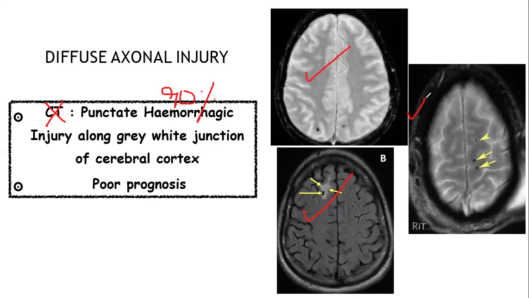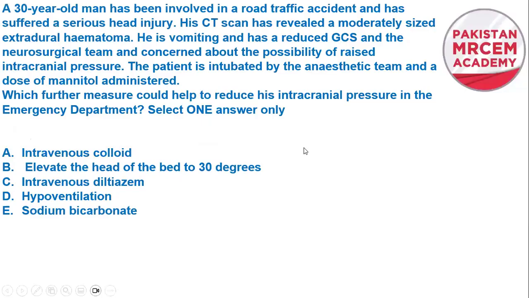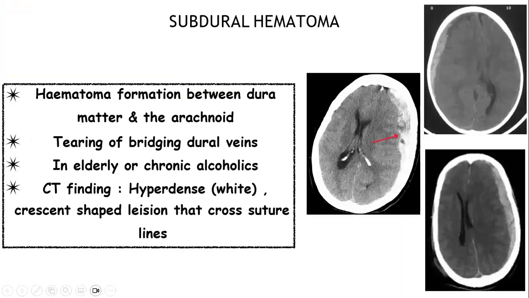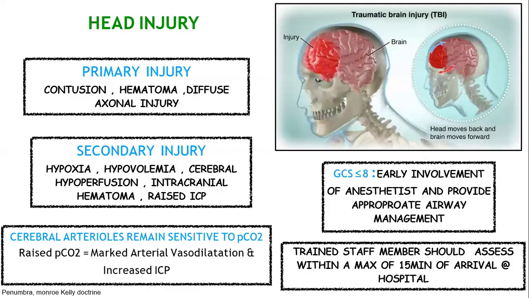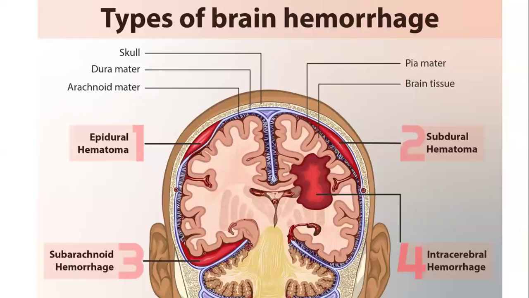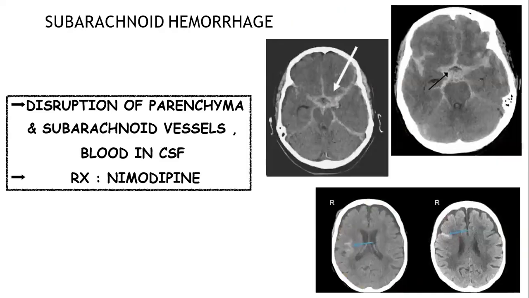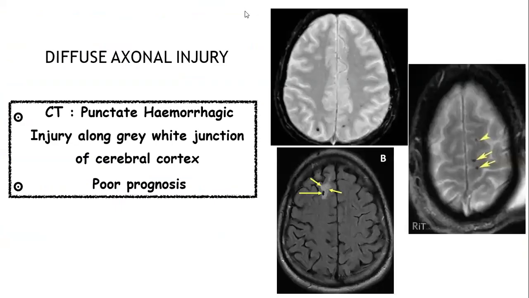It is mostly due to accelerating, decelerating, shearing forces, like in case of trauma in a motor car or vehicle, where you have coup and contrecoup injuries as well. So now you are aware of the types of brain hemorrhage and how you recognize them. Now we have a question over here.